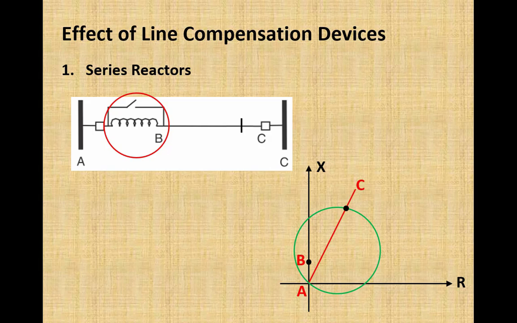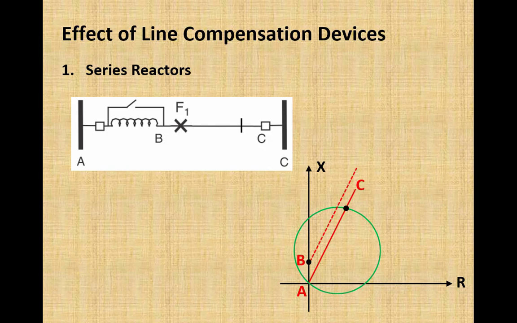At B, right after this reactor, the impedance will move to point B. So the total line impedance will shift in the upward direction, which has been shown with a dotted line. That is the discontinuity introduced by the series reactor.